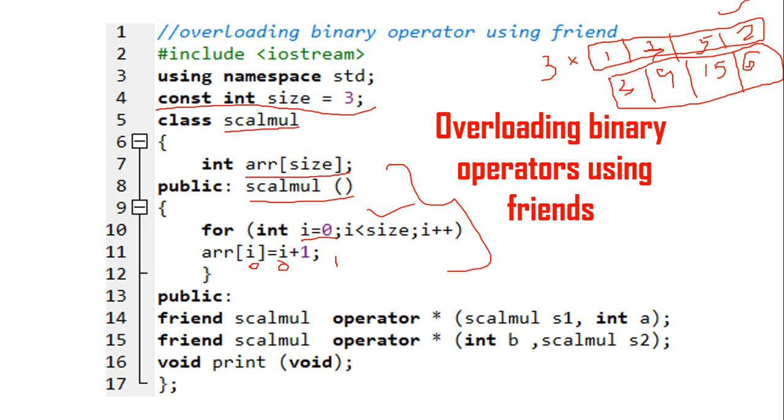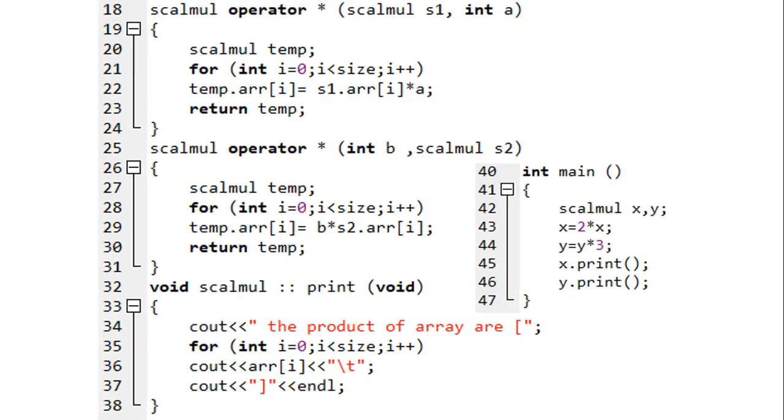Okay. Next we look into public. In public, we have a few more prototypes over here, but their function definitions are written in the next page. Let's see that. Since we are using multiplication, we are overloading the multiplication operator. Operator is a construct, then the multiplication operator, and what are the requirements here?